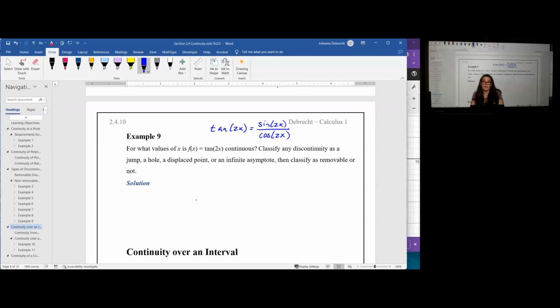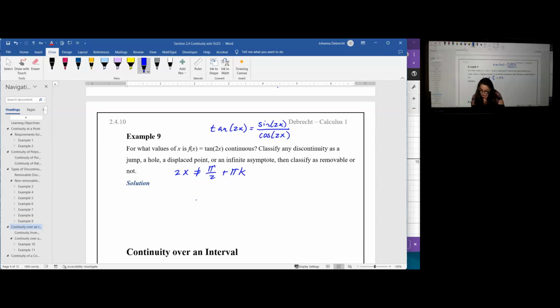So I know that whenever the 2x turns out to be a multiple of pi over 2, either pi over 2 or 3 pi over 2, I'm going to have 0 in the denominator. So basically, what I need to write down is 2x cannot be equal to pi over 2 plus any pi multiple. So we can write pi k or k pi, whichever way you want to write it out.